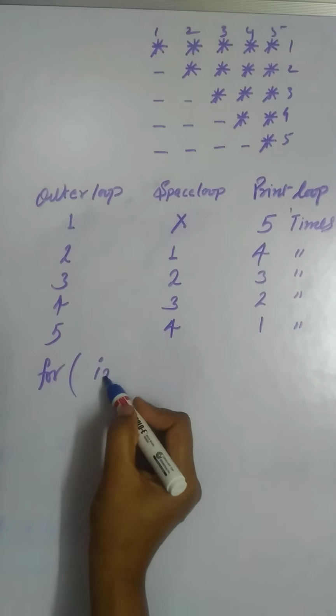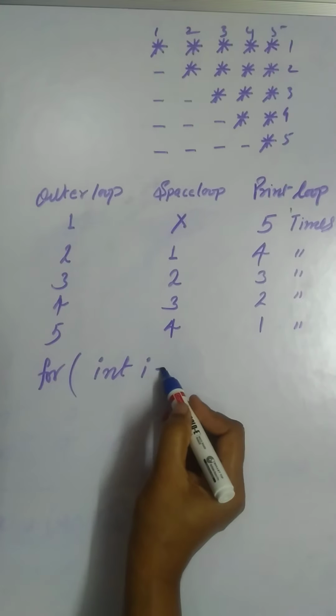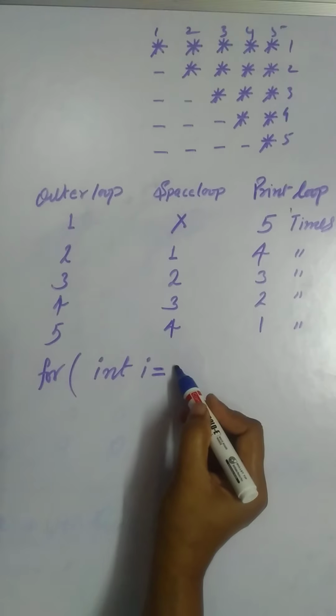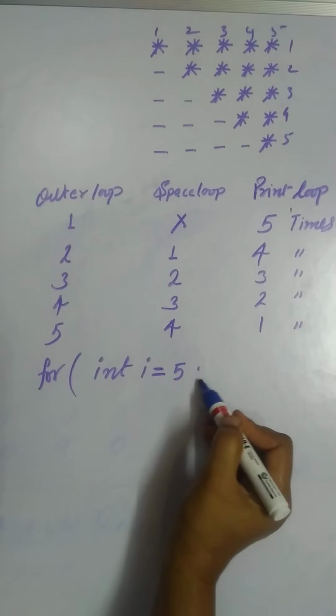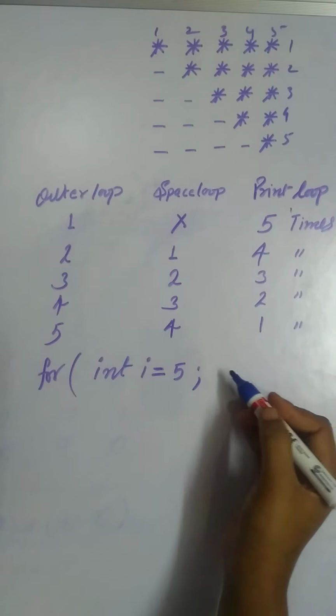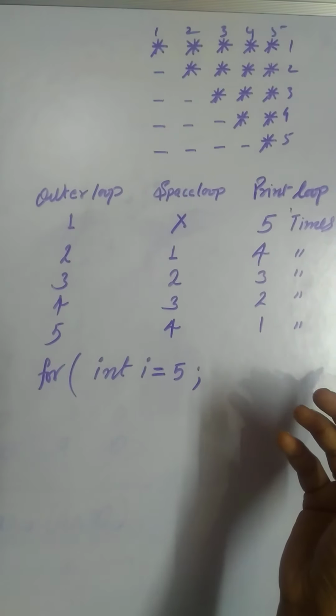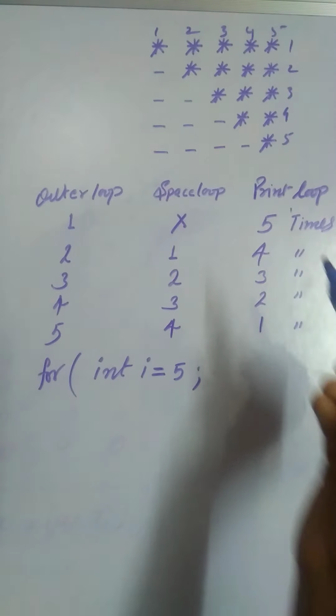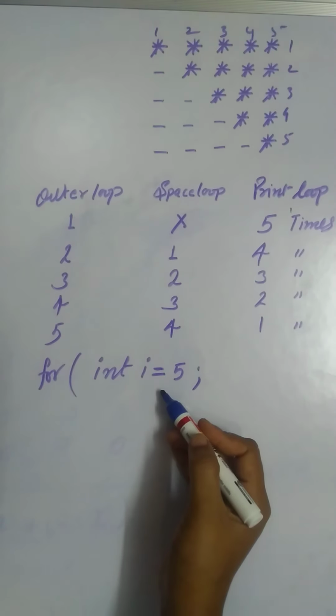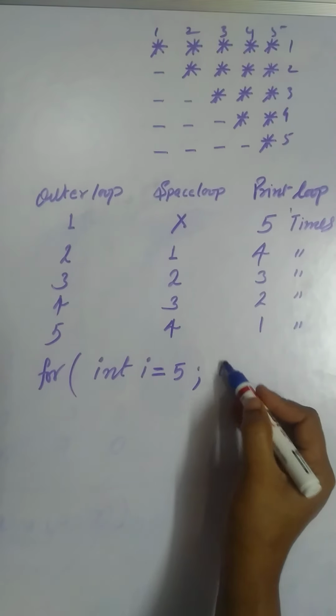For loop, int i is equal to... we start the i loop in reverse order because the printing statement depends on the outer loop. So the printing statement is in decreasing order, so we start this loop in reverse order.